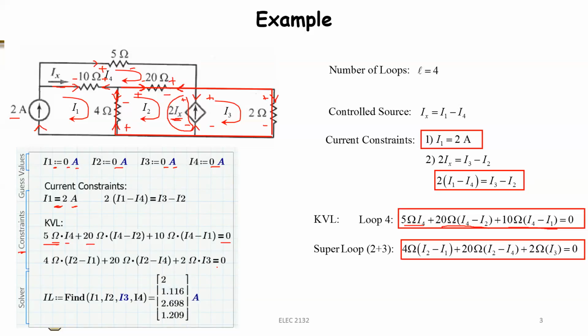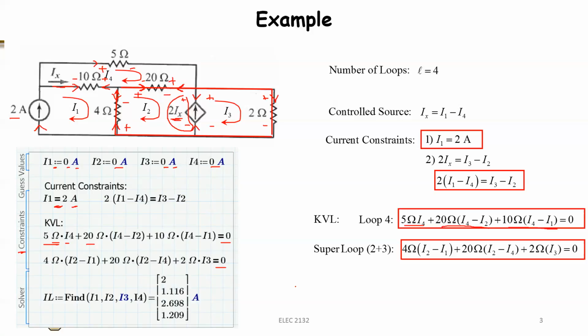Control equals 0. I write down my super loop equation, and I use the find command to solve for my 4 loop currents. And so I get I1 is 2 amps, I2 is 1.16 amps, I3 is 2.698 amps, and I4 is 1.209 amps.